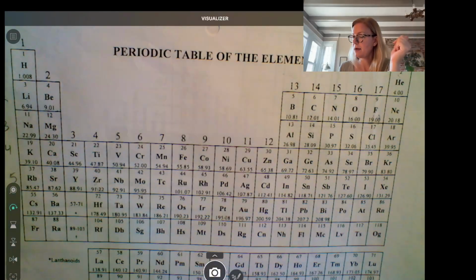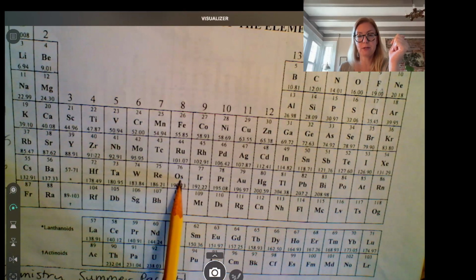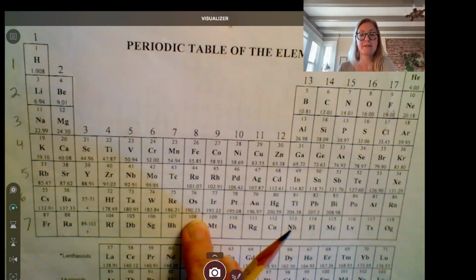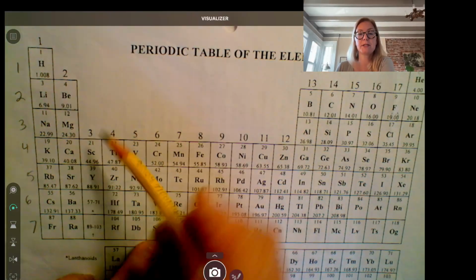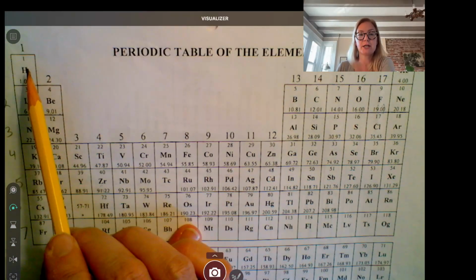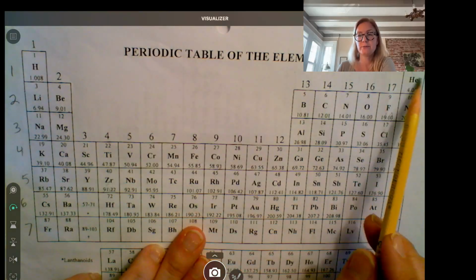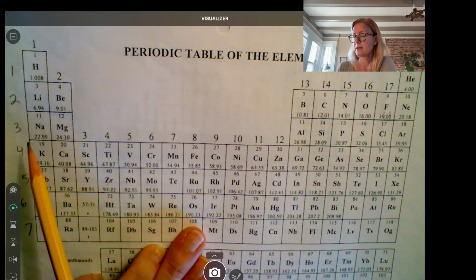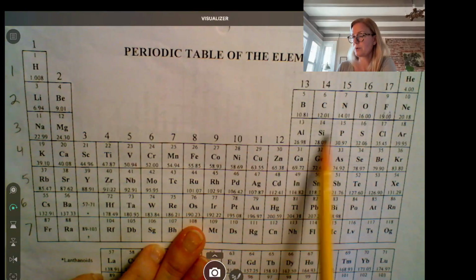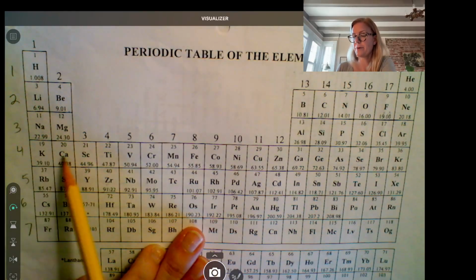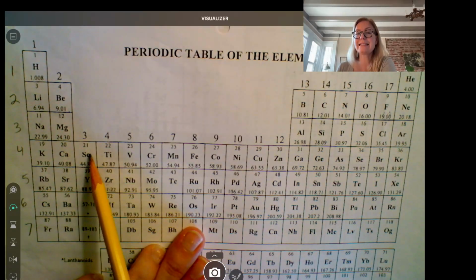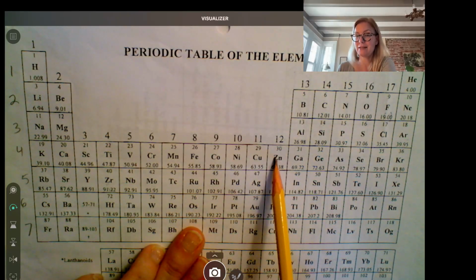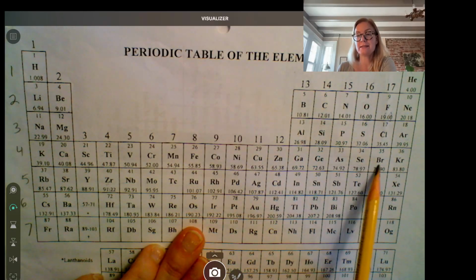Okay. Osmium, much more difficult. Osmium's down here. So I've got to work my way up to 76 electrons. I'm going to use these to jog my memory. 1s2, 2s2, 2p6, 3s2, 3p6, 4s2, 3d10, not 4d, 3d10, 4p6.